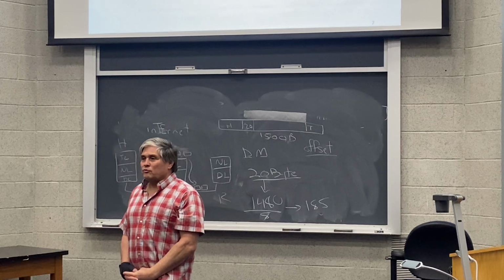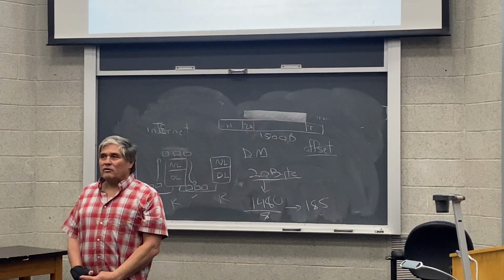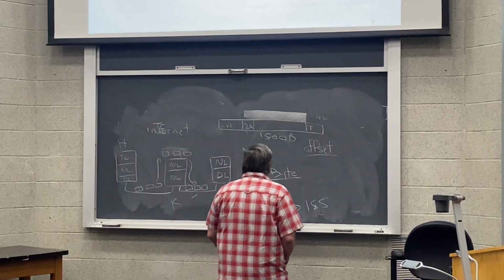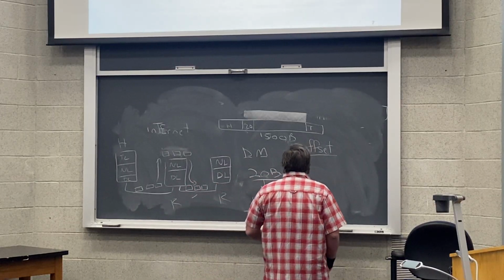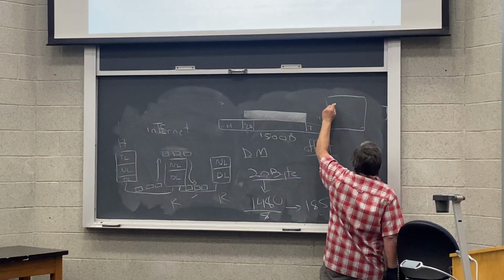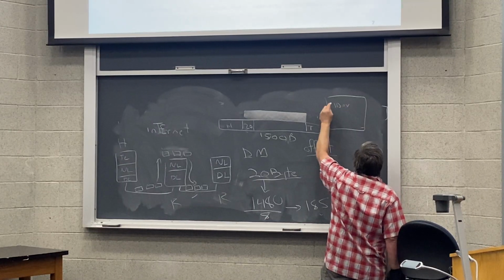And 20 bytes is reserved for the IP header, which leaves me with 1480 bytes, which breaks down into 185 fragments per packet. So in the first packet, this fragment offset, now we're going back to the IP header. So now in the IP header, we have the ID field is the same for every fragment.